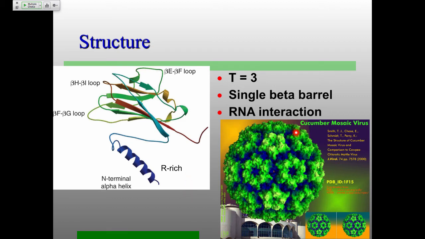And that sits in the middle of this virion, which is a purely quasi-equivalent T = 3 icosahedron. Here's a 5-fold axis of symmetry. There's a 5-fold axis of symmetry. Here are your 3-folds in between. So those are your structures.